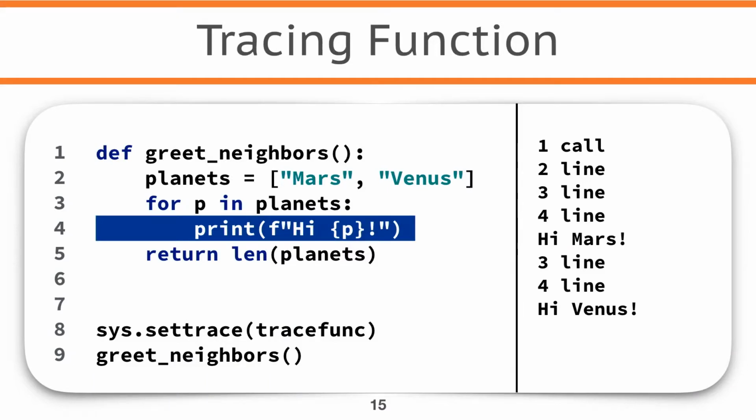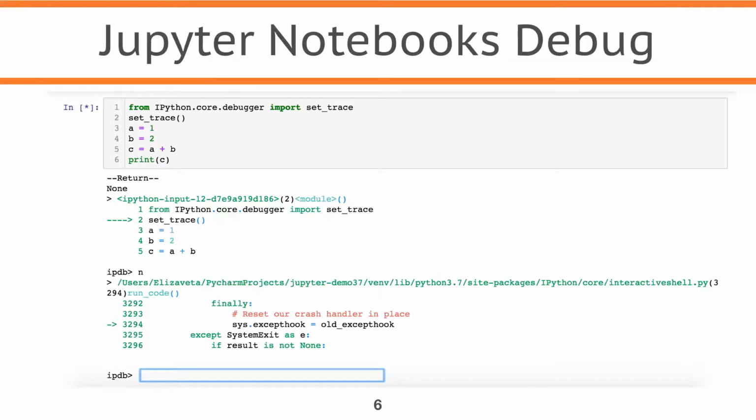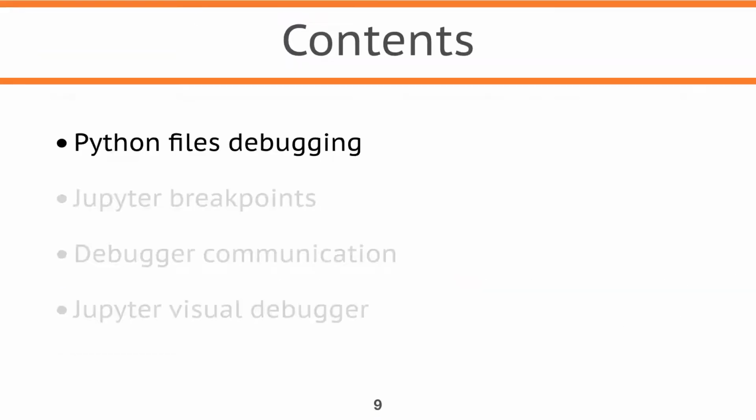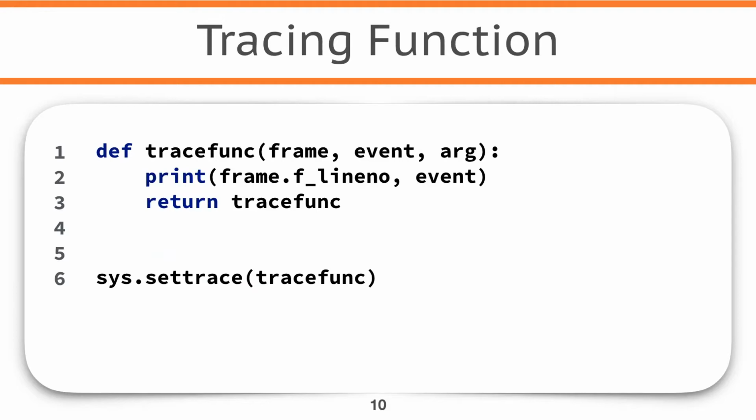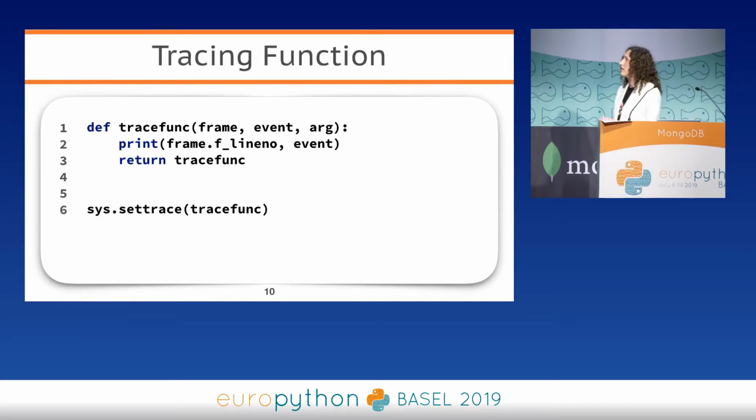And the tracing function should return itself, where is it? Here it is. It should return the tracing function in the current frame, or it could return None, and the tracing will be stopped. Okay. And is it possible to unregister the trace function? So the reverse effect of registering?